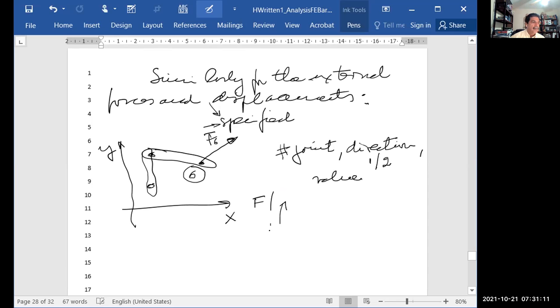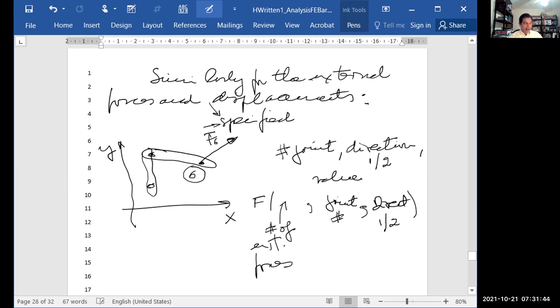Now, for example, this is the number of the external forces. Then we specify the joint. So this is the joint number, and this is the direction. So with this, we could go on and specify the position.